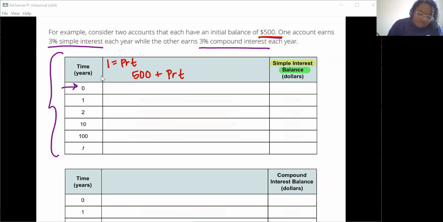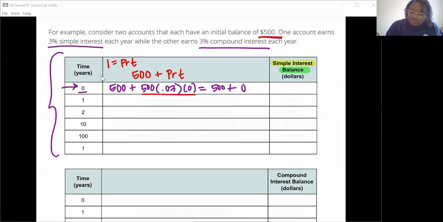So I'm going to go ahead and substitute my information in. So I've got 500 plus principal again is 500 times our rate as a decimal, 3% as a decimal is 0.03. And then in this particular case, our time is 0, so also known as the initial amount. So now I have 500 plus, when I multiply all of that together there, I am just going to get 0.